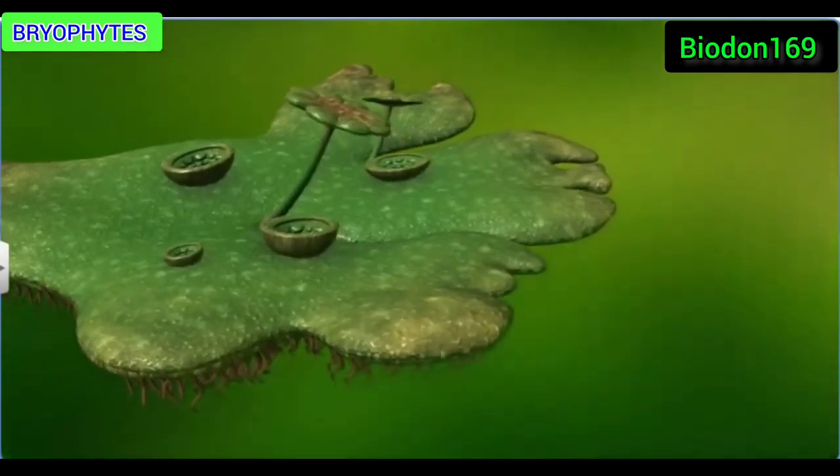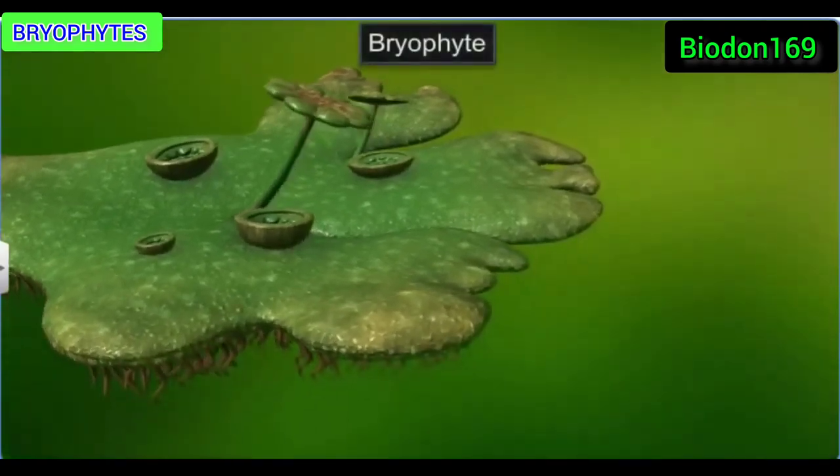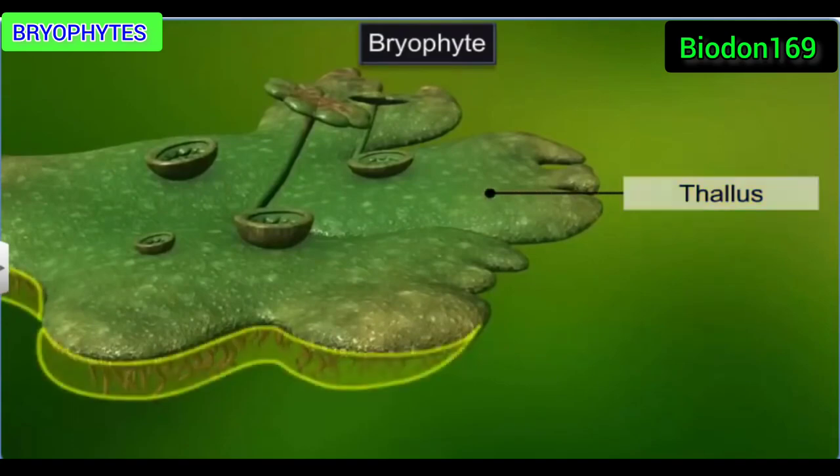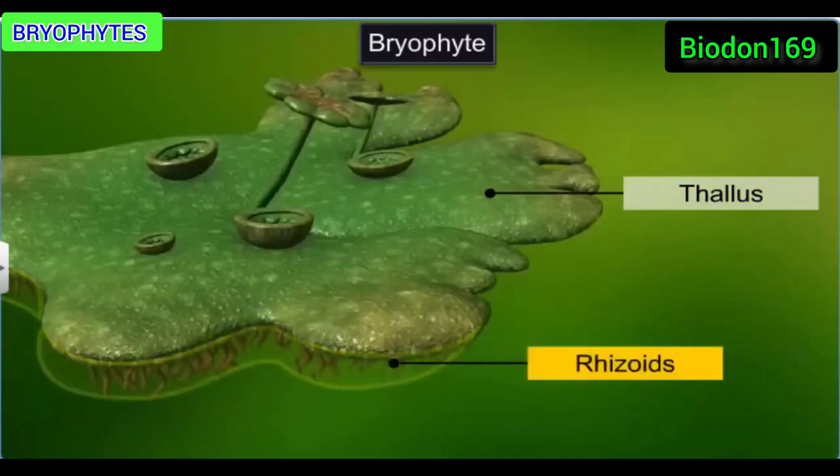Let's now take a look at the different parts of a bryophyte. The plant body is thallus-like and is either prostrate or erect. It is attached to the substratum by unicellular or multicellular rhizoids.